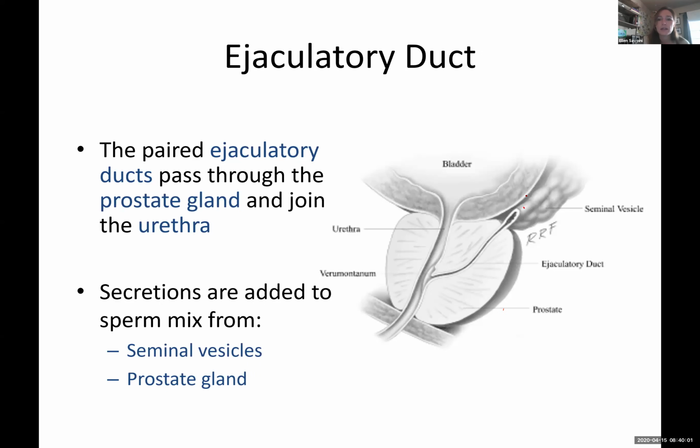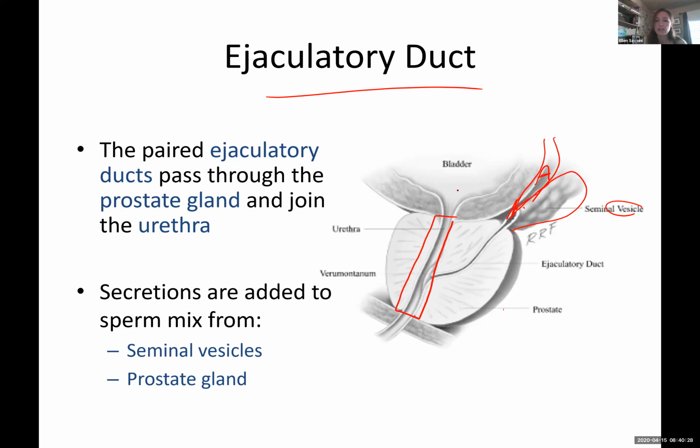This here would be a seminal vesicle, and we'll draw an ampulla, put a little A here. The two together, this itself, is the ejaculatory duct. You can see it's actually a little tunnel through the prostate, this being the prostate, and it's ultimately meeting with the prostatic urethra.